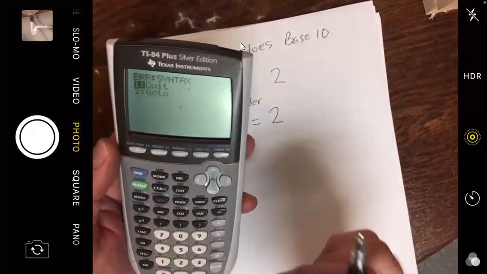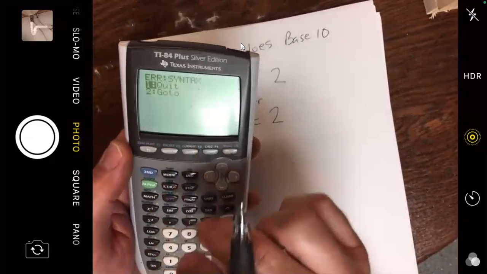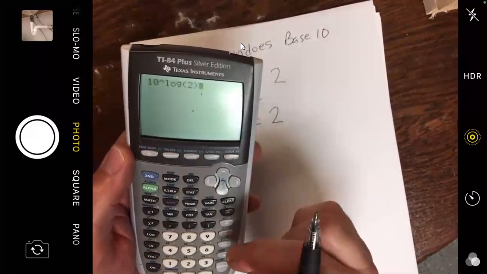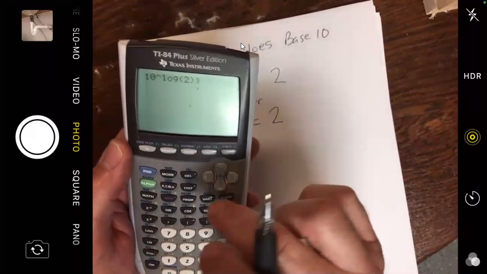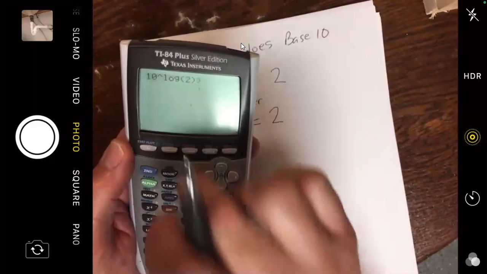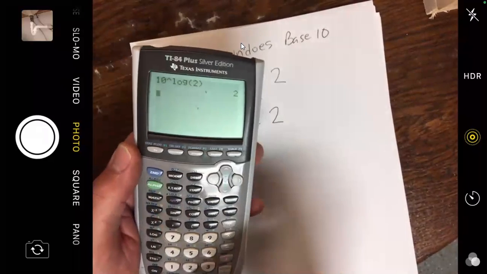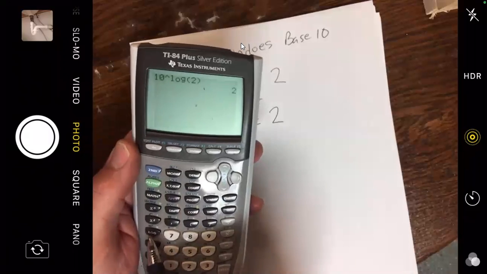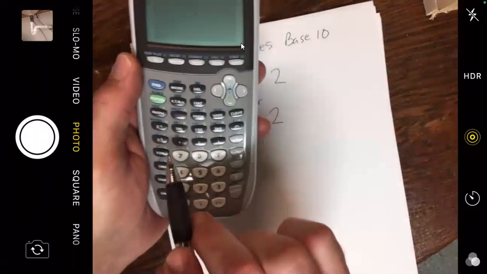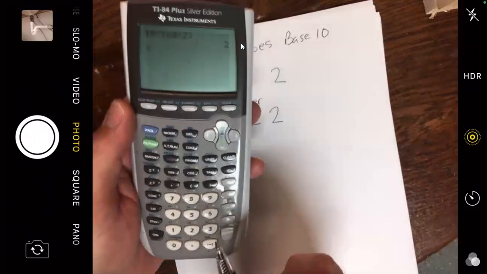I didn't like that, rats. Sorry about that. Extra parentheses, apparently. Let's delete that, see if we get it. Yeah, you get it. So you can punch the 10 right off the keyboard, or you can use the 10 right here. You can do it either way.